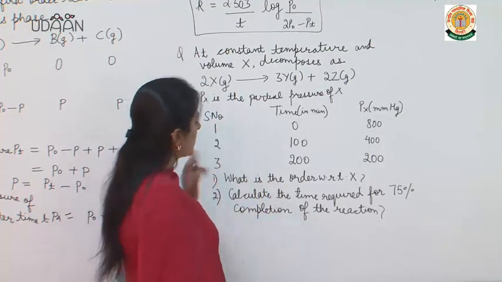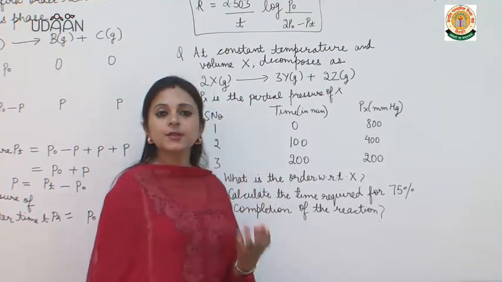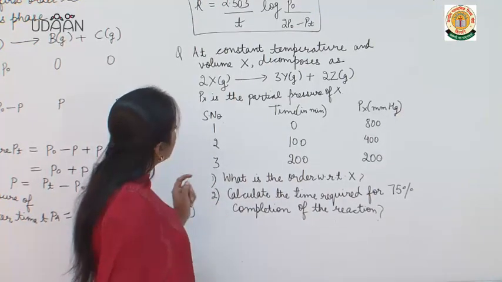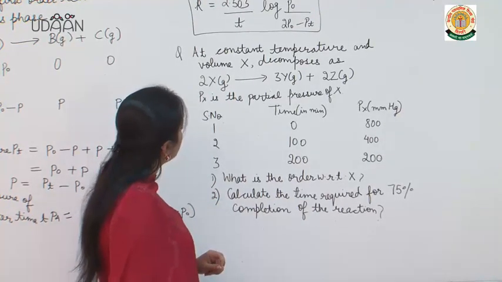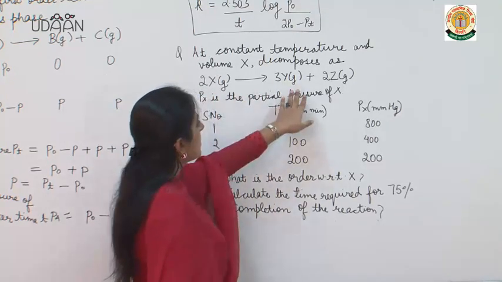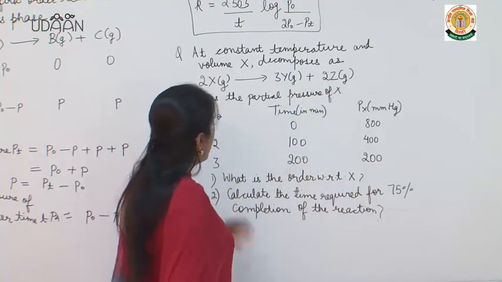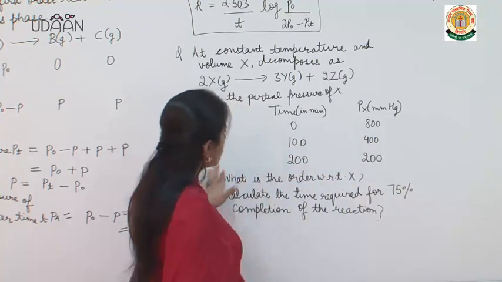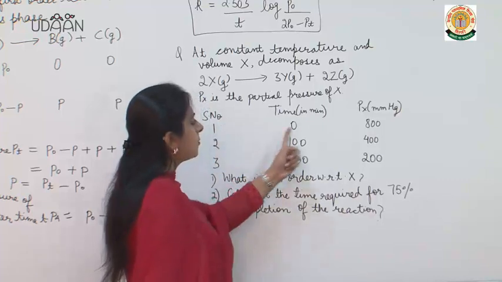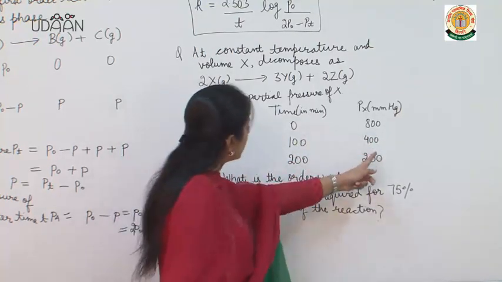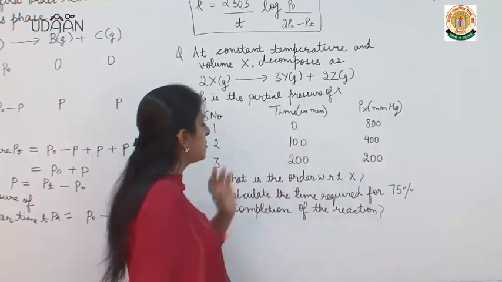Now look at this question which involves the formula for pressure. Now at constant temperature and volume, x decomposes as 2x giving 3y plus 2z, and px is the partial pressure of x, and you are given this table that at a time 0 the pressure is 800, at 100 the pressure is 400, and at 200 the pressure is 200.